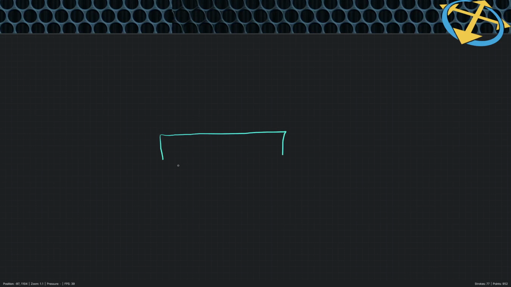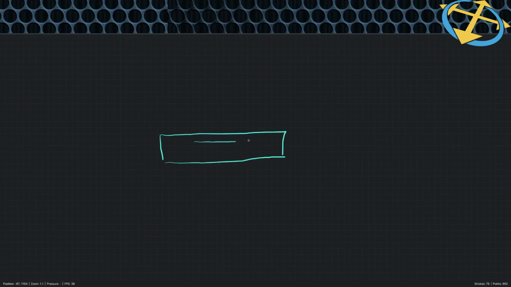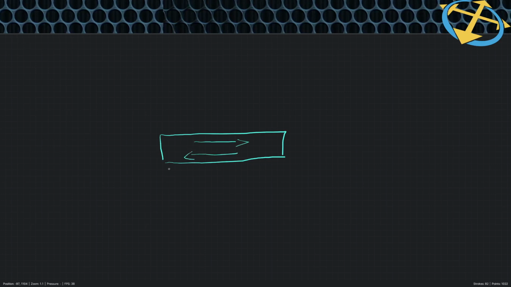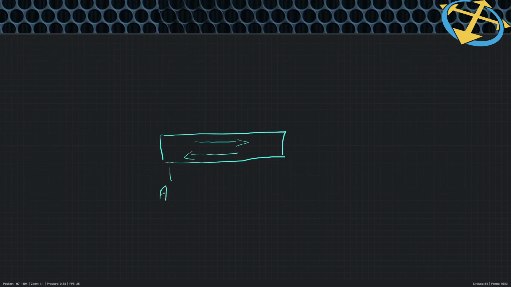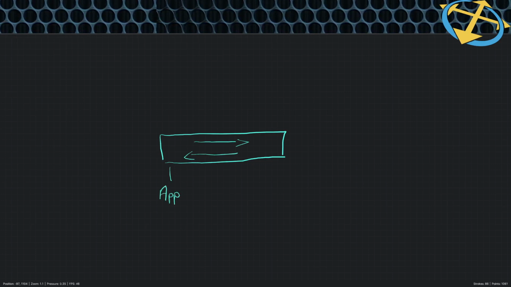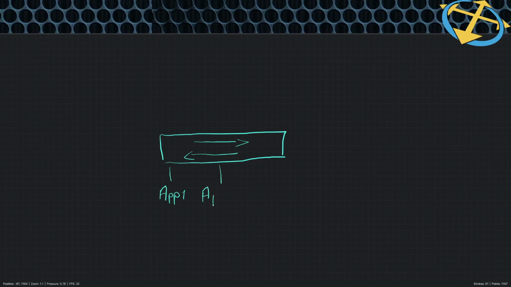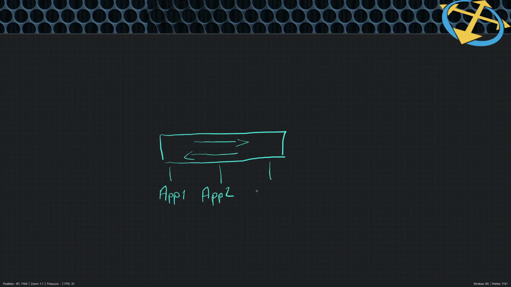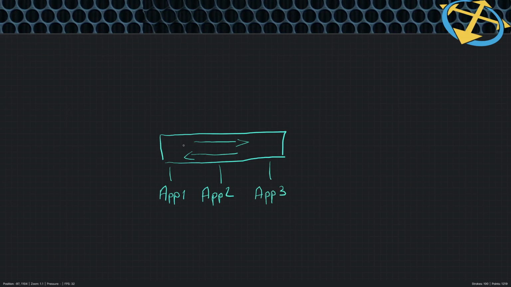Let's say we have a bridge here, a multi-port bridge, a switch. All right, and I have here connected my container apps. I have app 1, app 2, and app 3.